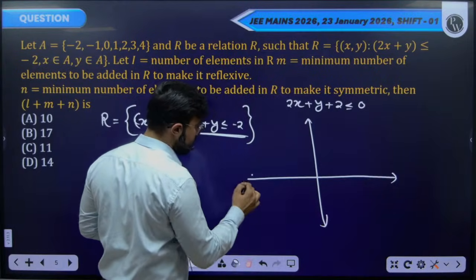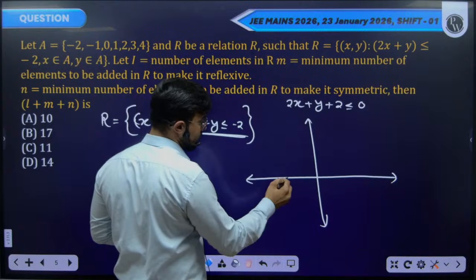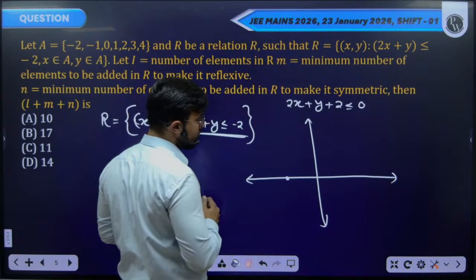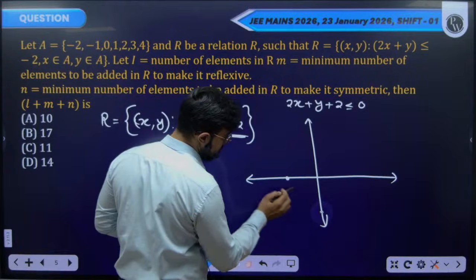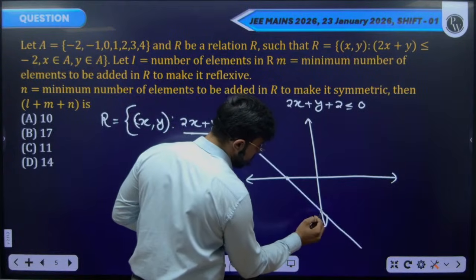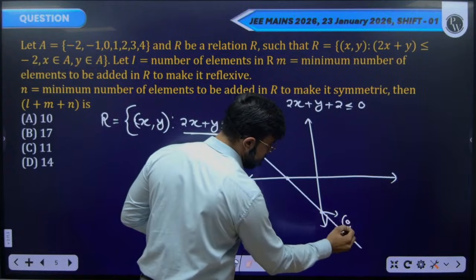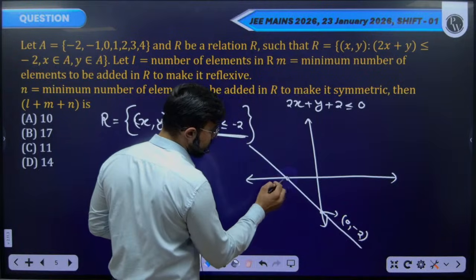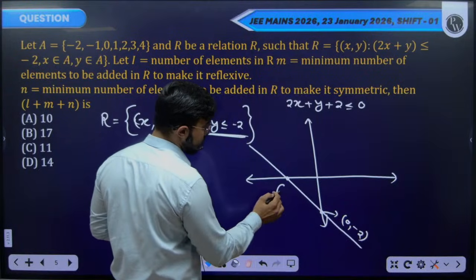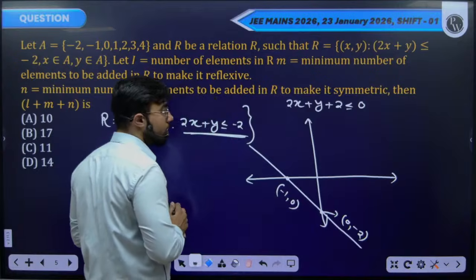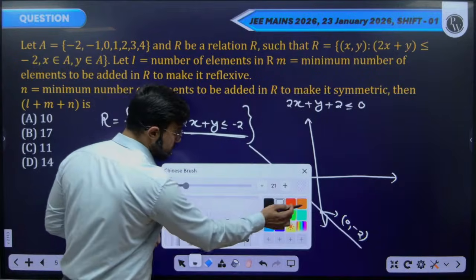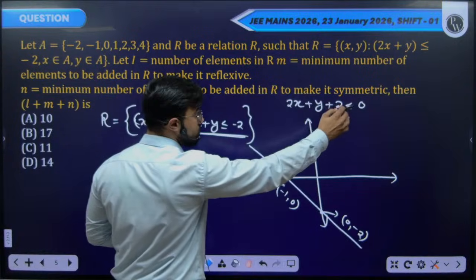This line passes through these 2 points: 0 comma minus 2, and minus 1 comma 0. Now what region do we have to take? Because this is not equal to 0, this is less than or equal to 0.